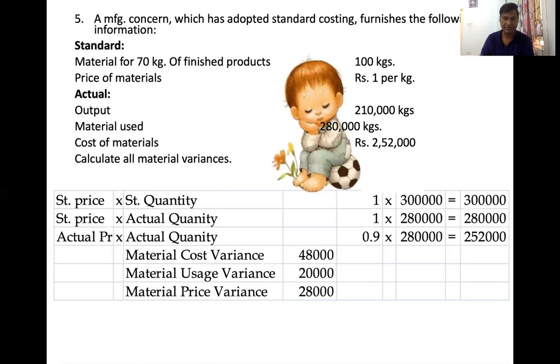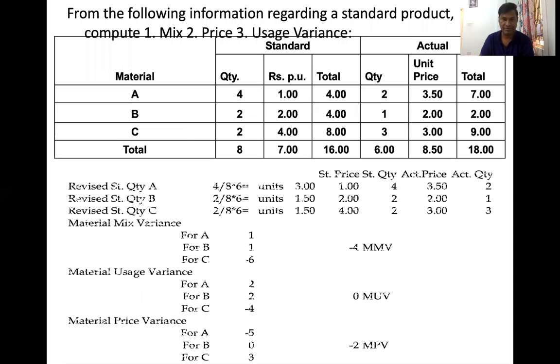Okay, where is our data? This is our data. Material usage variance: standard quantity minus actual quantity into standard price. What is the standard quantity of material A? 4. And what is the actual quantity? 2.